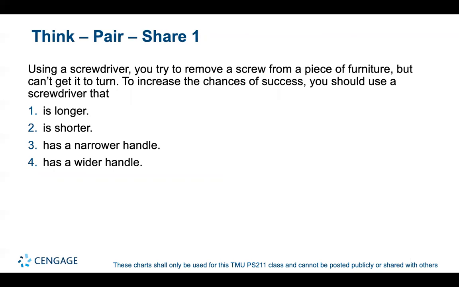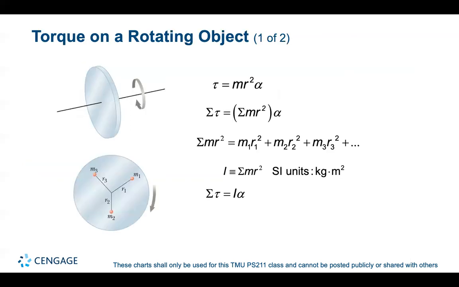Increasing the radius of the screwdriver handle provides a greater lever arm and hence an increased torque. And maybe you've seen some screwdriver sets that have something you can put on top of the normal handle that can actually make the handle a little bit wider, and thus you can get more torque.